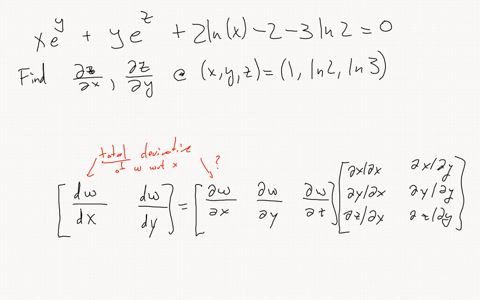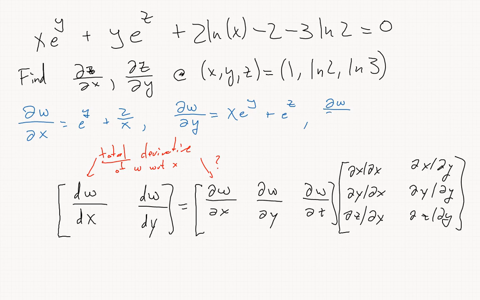So the partial derivative of w with respect to x is e to the y plus 2 over x. The partial derivative of w with respect to y is x e to the y plus e to the z, and the partial of w with respect to z is just y e to the z.